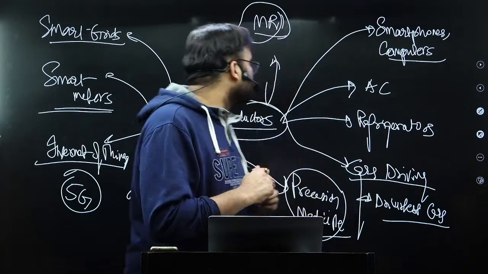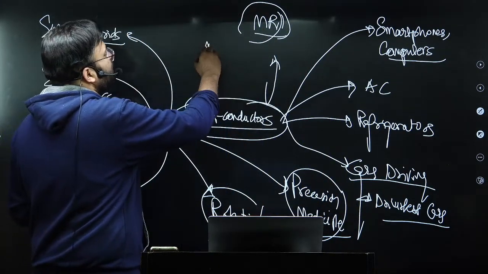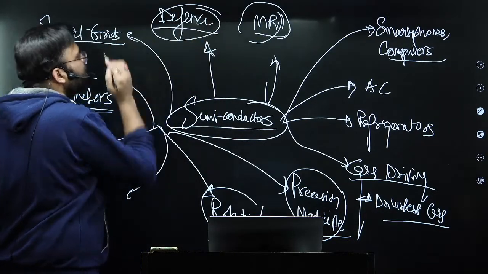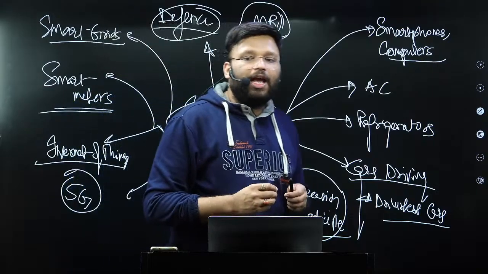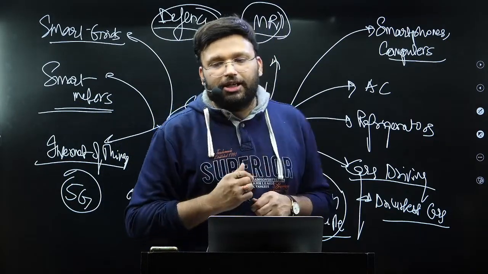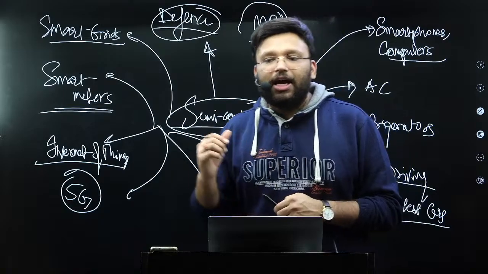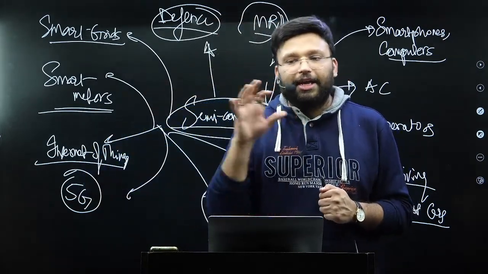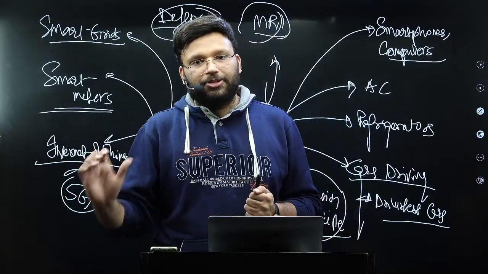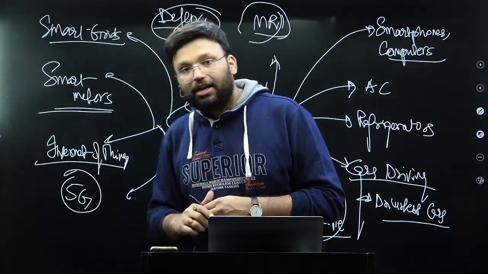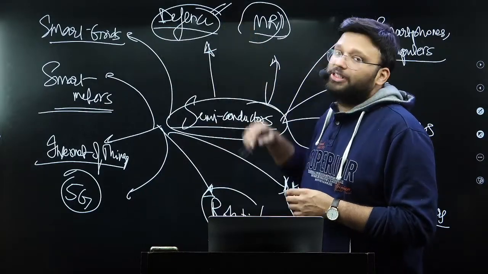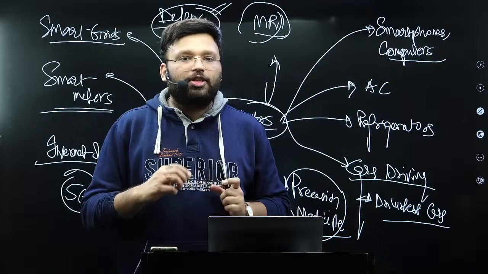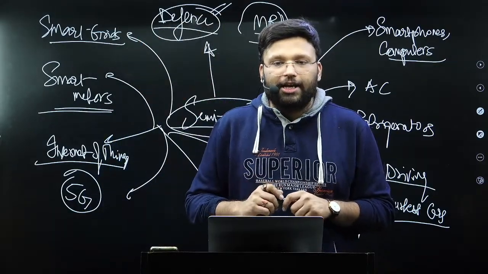Also, one of the most important uses of semiconductors is in defense. Now imagine that we are importing certain semiconductors and we are using them in different intelligence equipments, in different airplanes, in different ships, okay, which are there for defense purposes. So what if China is making those kind of chipsets which are sending data back to China?